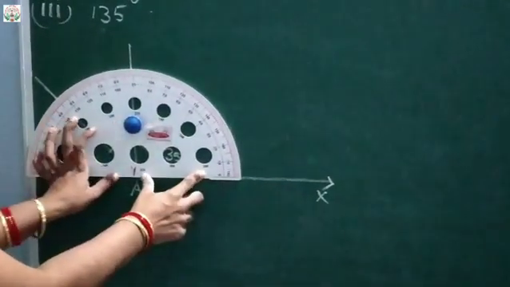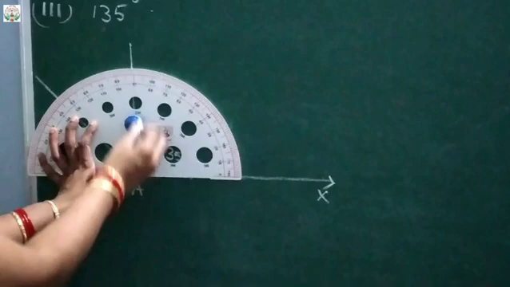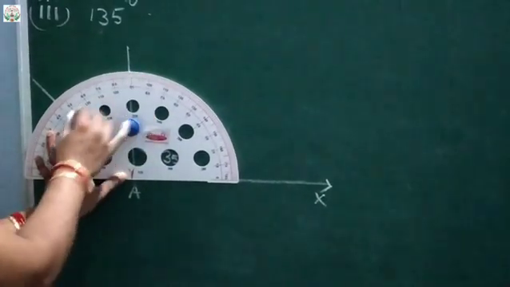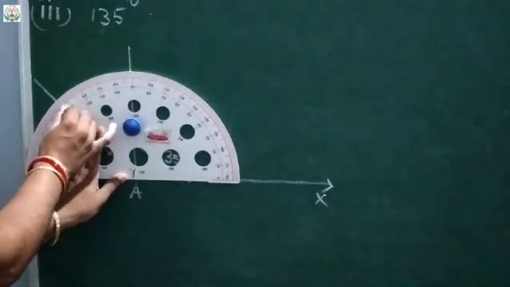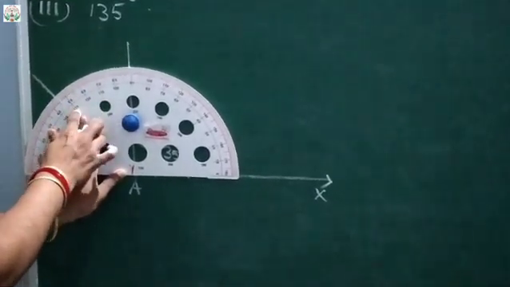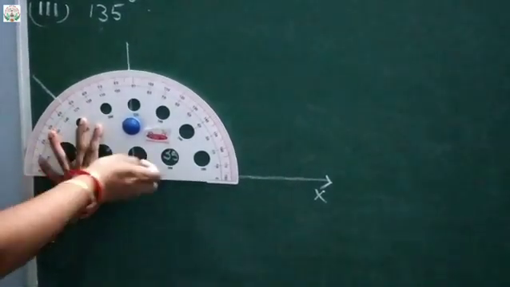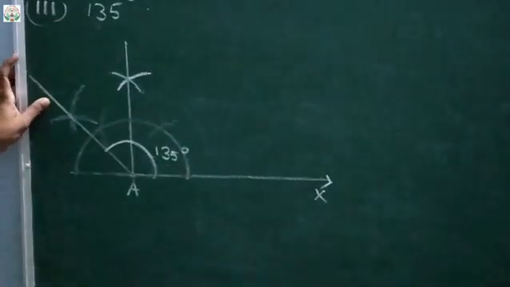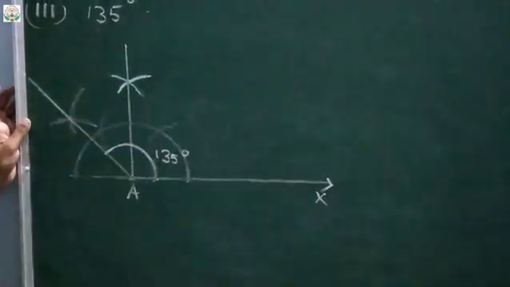When you keep the protractor at point A, you can see the exact 90 degrees, and between 130 and 140 the in-between line gives you 135. So this angle is coming perfectly as 135 degrees.